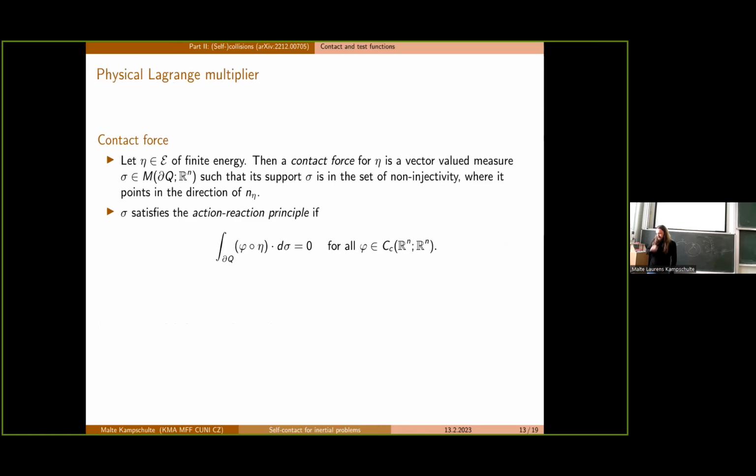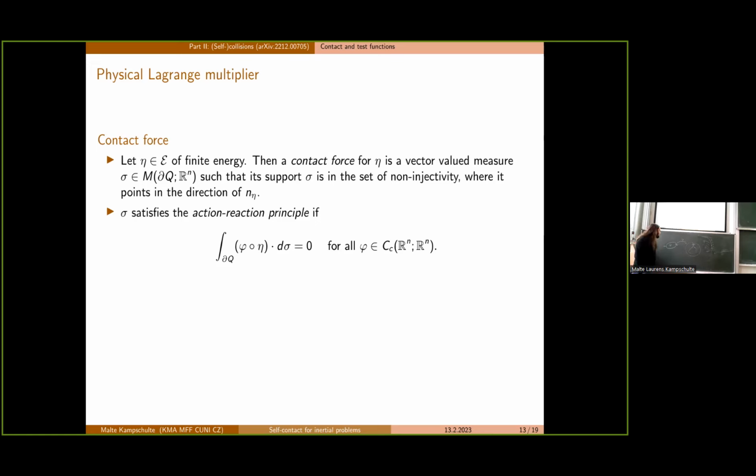Okay. And then you think about how to relate this back to physics. So I've been talking about this contact force already. The idea is, if you have contacts, physically what's keeping you from pushing further into overlap is some contact force.